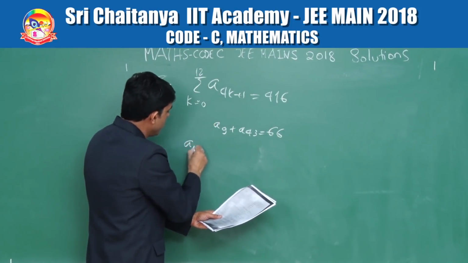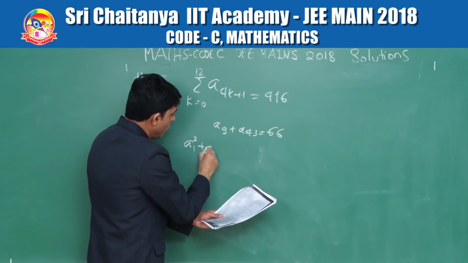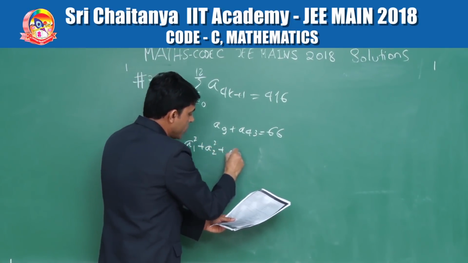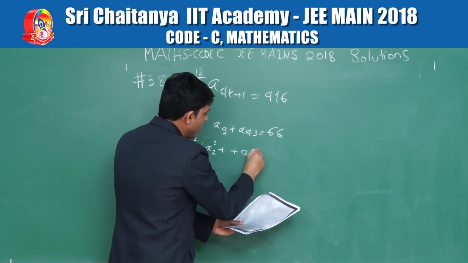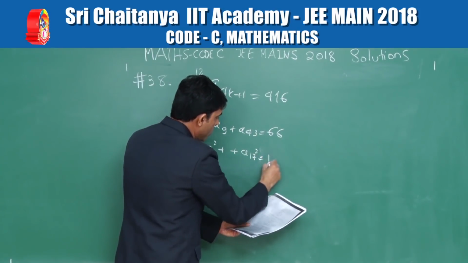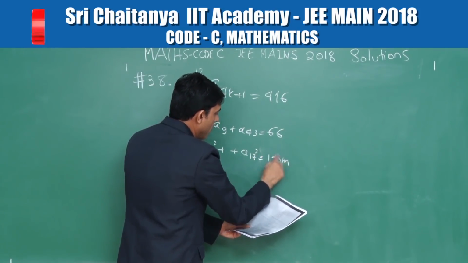The question asks you to find m, where you have a1 squared plus a2 squared till a17 squared equals 140 times m.